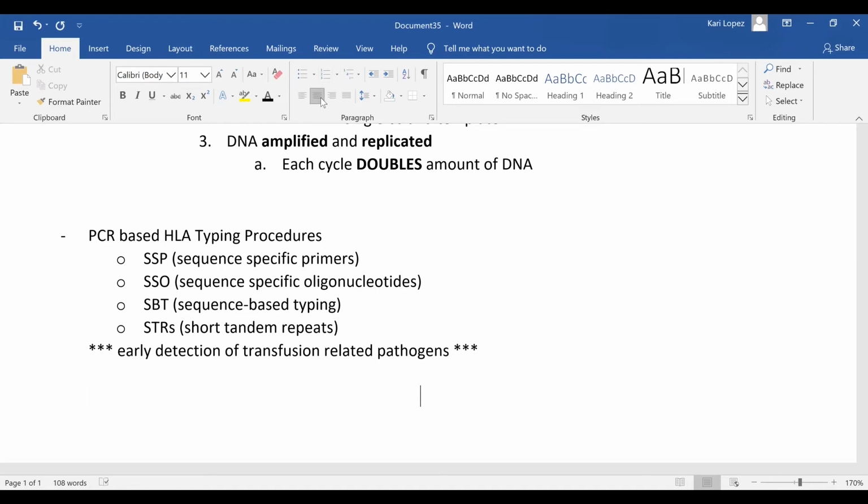Now, when you mean early detection, it means that through PCR you can detect the pathogen or the virus that could cause harm to someone else before it's detectable with normal tests. So, like a big one is HIV that you can get through blood products, correct?